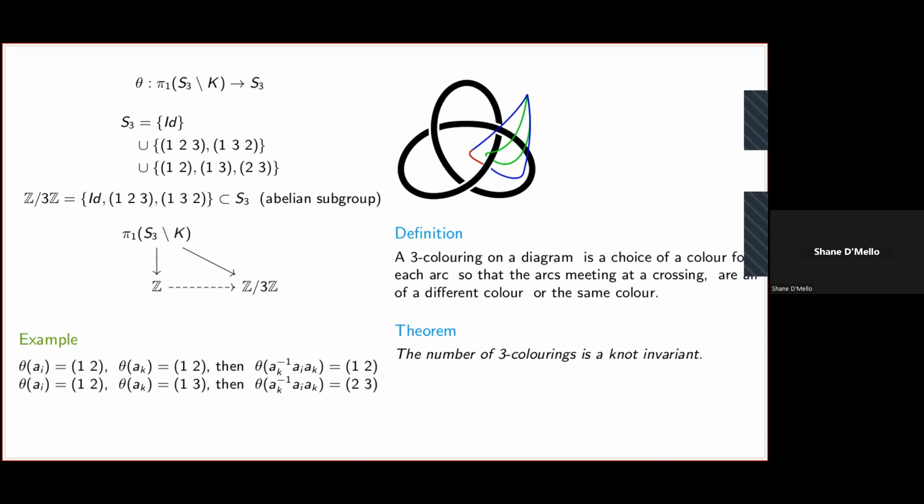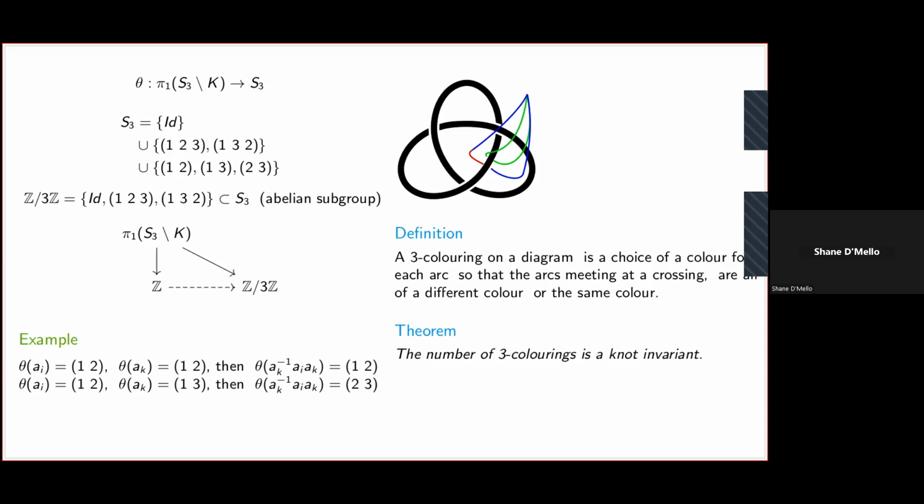And if you suspect that something is an invariant, you can prove it by showing that it is unchanged under the 3 Reidemeister moves, since any isotopy is a combination of these.